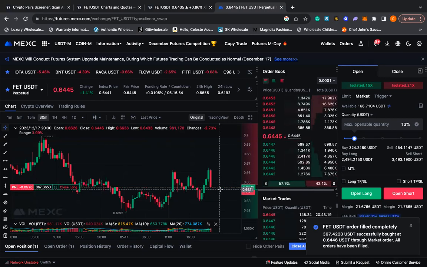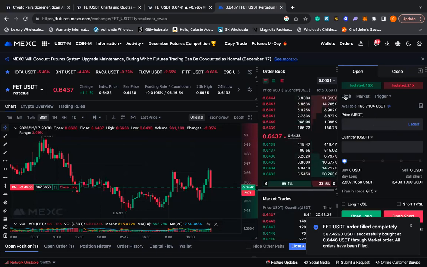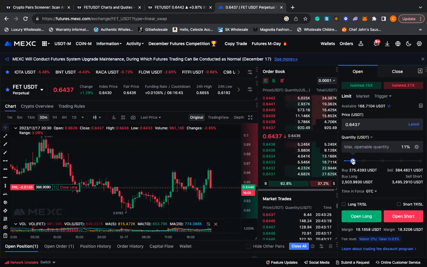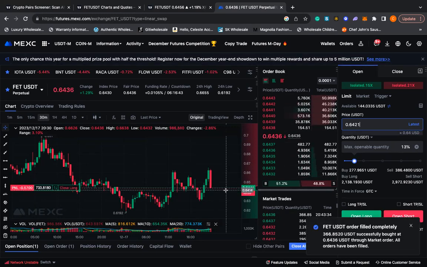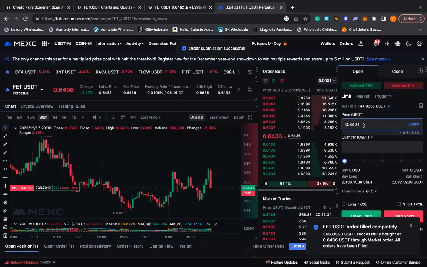I'm going to go down to the bottom of this green wick, 0.6421, for my market order. Let's see. I'll go down just a bit more because that candle is still going down. Let's go down to 0.6414.